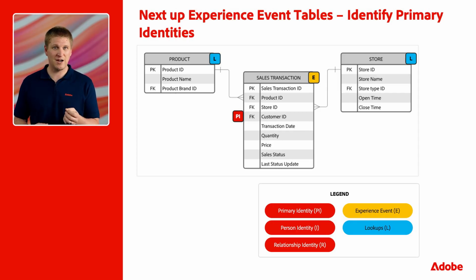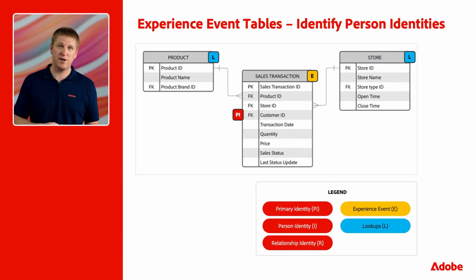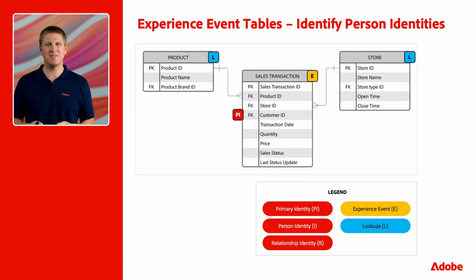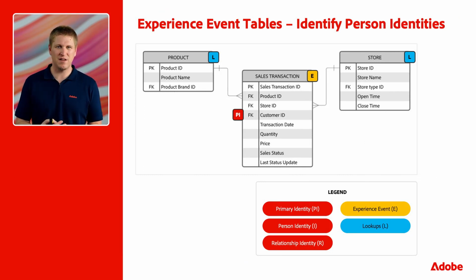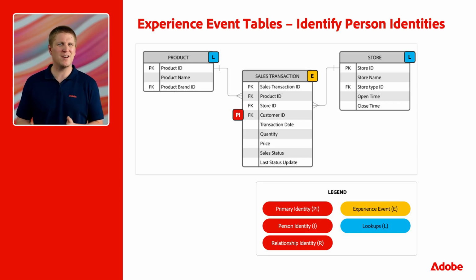Remember, this transaction needs to be uniquely related back to a single profile. Two people cannot both generate the exact same event. An event is always unique back to a single individual. Next, we want to identify any other person-based identities that are in this event that could be used. In this case, nothing else appears as an option, and so we can move on to the next step.